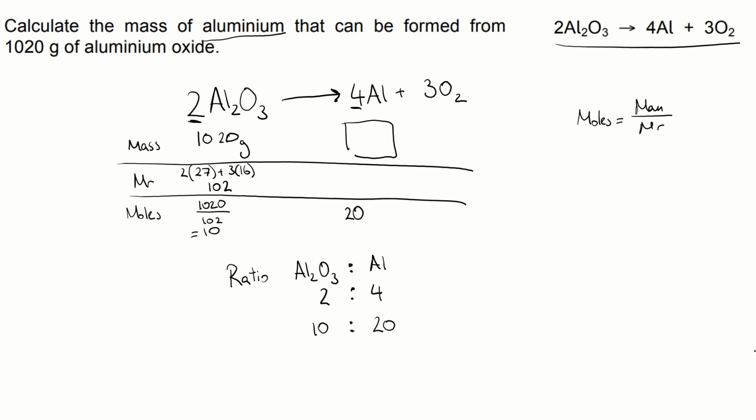So our moles there is 20, our MR of aluminium is 27, and our mass, we can rearrange this: mass equals MR times moles, and MR times moles is 27 times 20, and you get 540 grams.